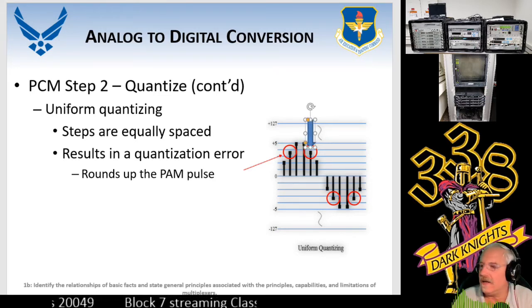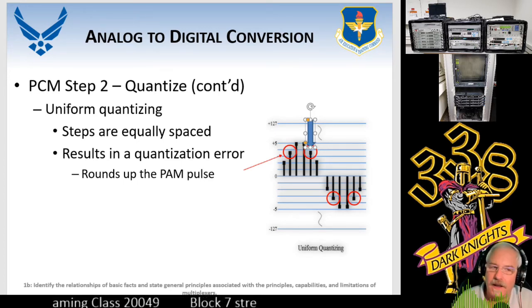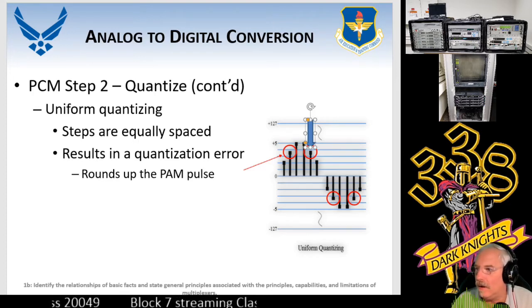These are called quantization errors, hence the word on a quantization table. What do you do? Well, you either round up or round down depending on where that signal fell in the line. Obviously, 5 and above rounds up, 4 and below rounds down. That's pretty much the way things work in mathematical equations. So that's what's going to happen.